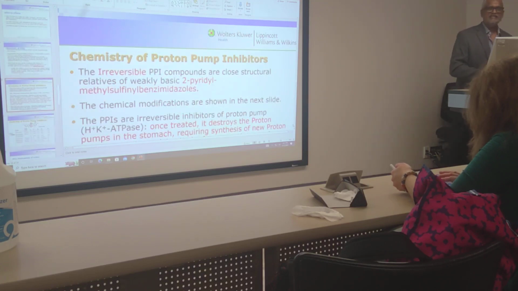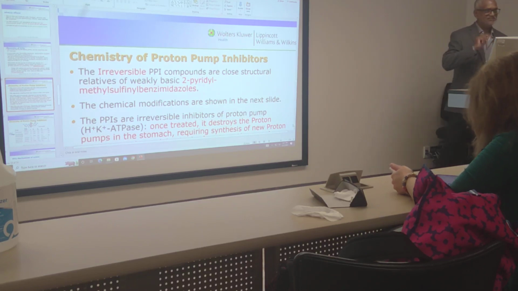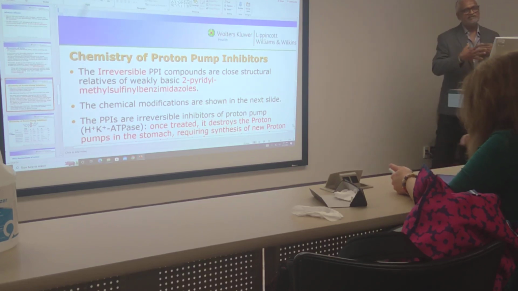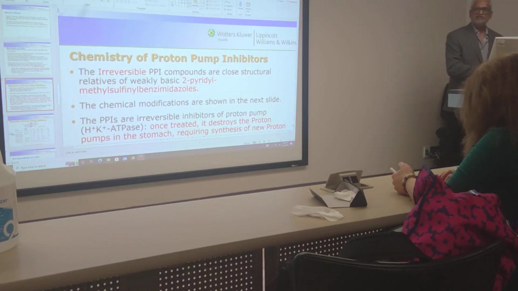Remember, all proteins containing cysteine amino acids have an SH in their side group. That SH is the binding site for these proton pump inhibitors in the proton pump. And they undergo covalent binding. Covalent binding means it's irreversible. Covalent binding cannot be removed unless there is an enzyme to degrade it. Therefore, they become irreversible inhibitors.